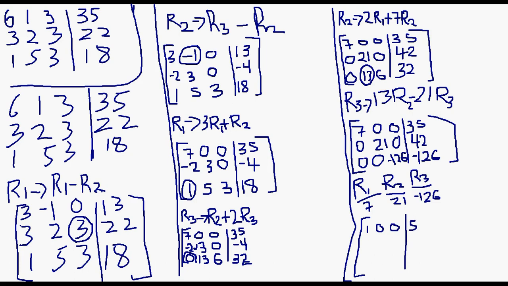And then here 0, 1, 0. 42 divided by 21 is, I think, 2. And then here 0, 0, 1. And then here it will be 1. So x1, x2, x3, but let me try this and see.